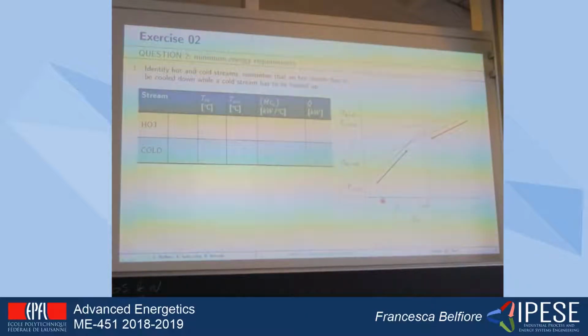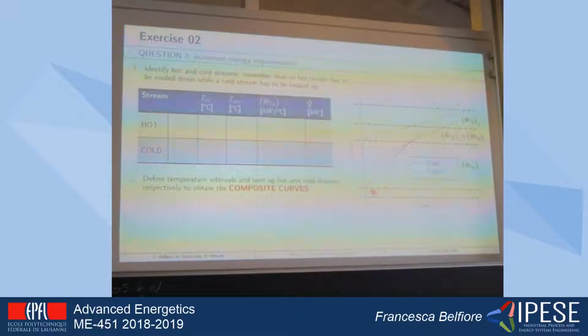And then what you can do is to start with the cold streams, for example, and identify different temperature intervals. And for each temperature interval, sum up the heat capacity of all the streams, so hot and cold streams separately. For example, in this case, we are looking at the cold streams. So we have 3 intervals.